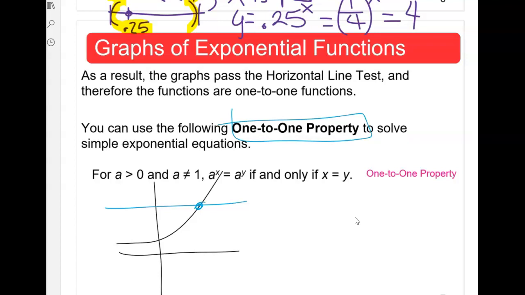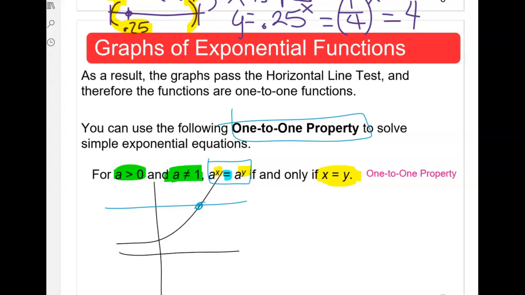That property allows us to derive others, such as if you're comparing two expressions with the same base and two different exponents, but you're saying that they are equal, then you are also saying that the exponents are equal, because if the bases are equal and they're raised to an exponent, then the exponents must be equal. And of course, we use the same constraints for the base. It needs to be greater than 0 and it cannot equal 1.